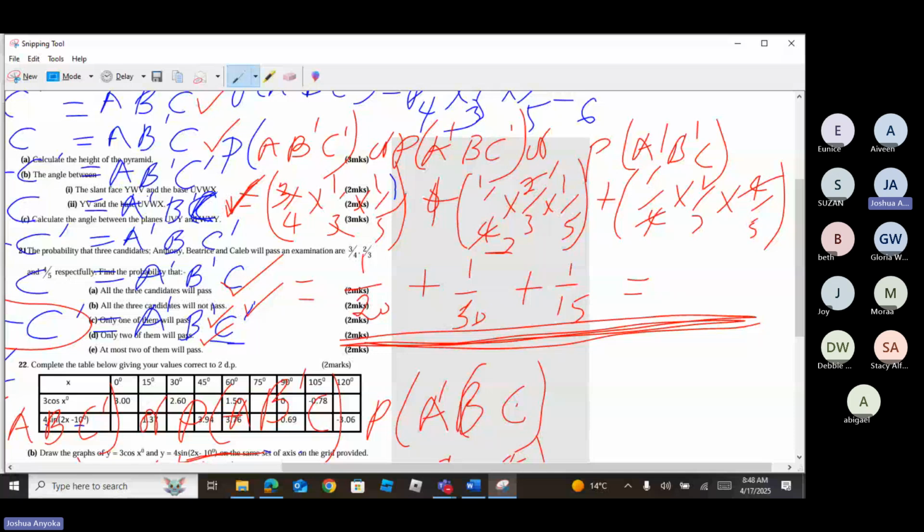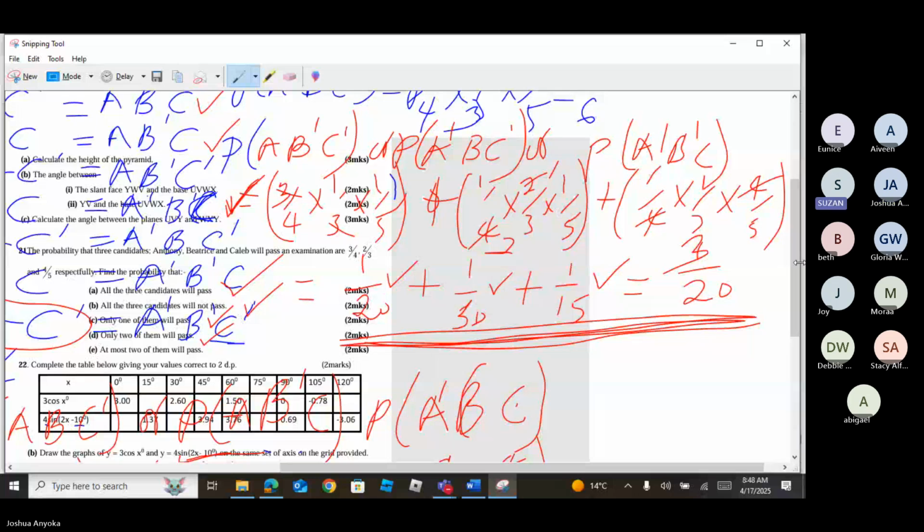So you will add the probability. What did you get? 3 over 20, not 1. You got 3 over 20. That is 1 over 20 plus 1 over 30 plus 1 over 15. Yes. You have the probability that 1 will pass.